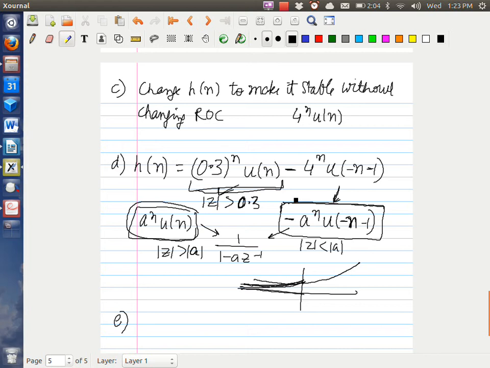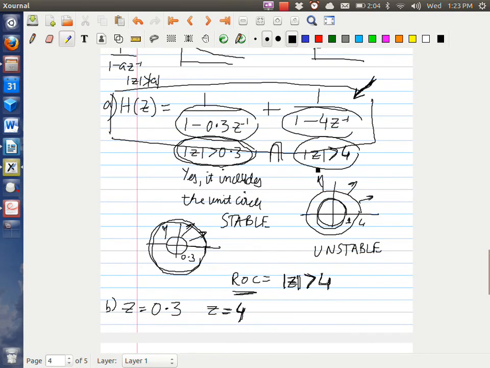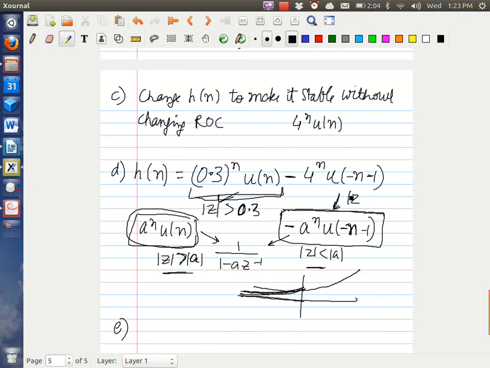The ROC is unchanged, but for this guy we changed the ROC. So if the original ROC was this, we changed it to that. So here the original ROC was mod z greater than 4, so the new ROC has to be mod z less than 4.